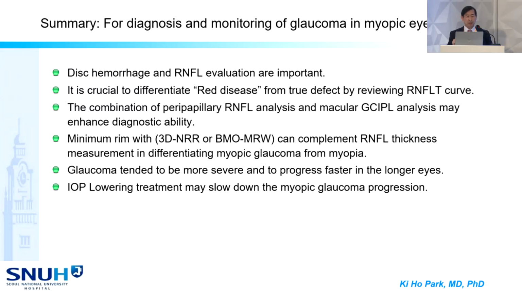Minimum rim width can complement RNFL thickness measurement in differentiating myopic glaucoma from myopia. Glaucoma tended to be more severe and to progress faster in the longer eyes. IOP lowering treatment may slow down myopic glaucoma progression.